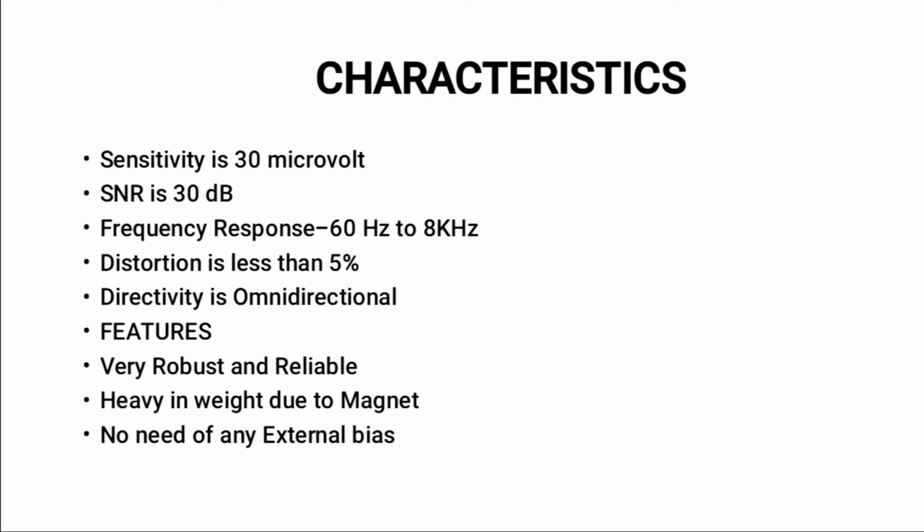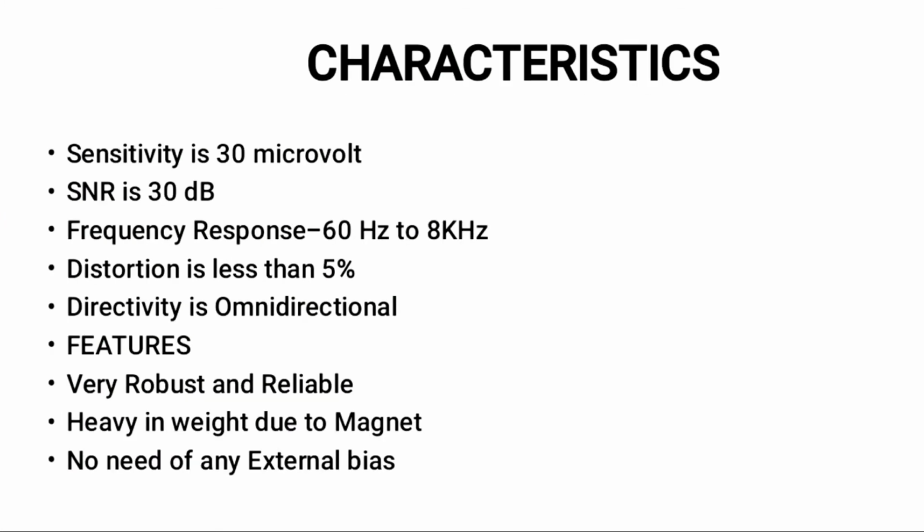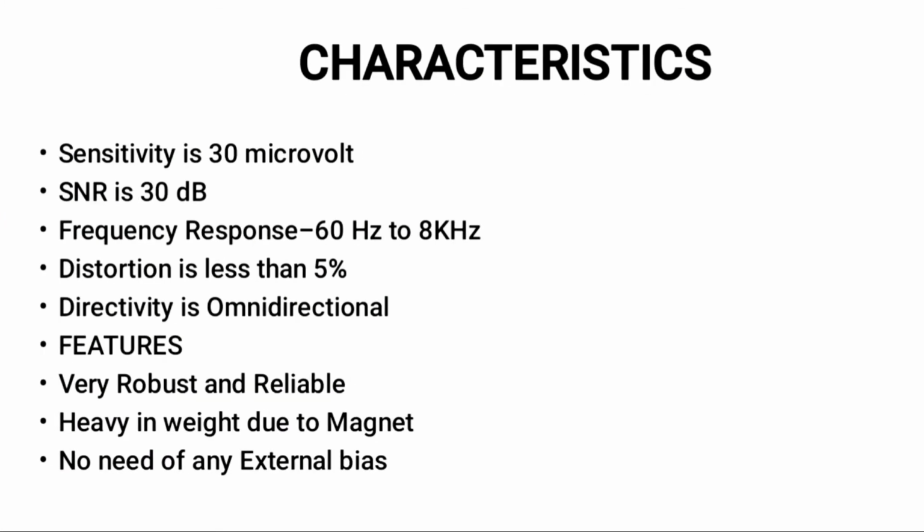The frequency response is 60 Hz to 8 kHz. Here, in this moving coil microphone, the distortion is very much less compared to other types of microphone, that is, less than 5%. Thus, the directivity is omnidirectional as we have already discussed.